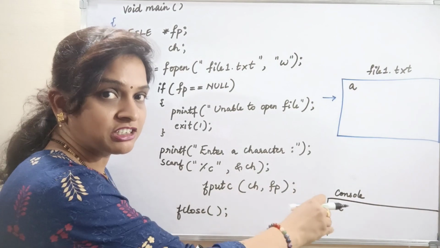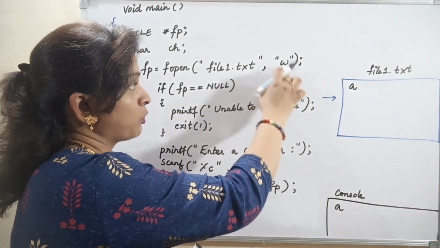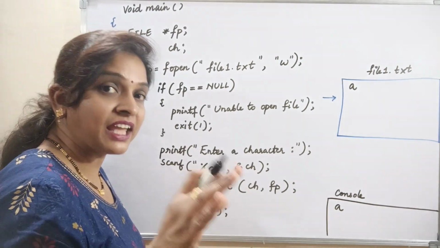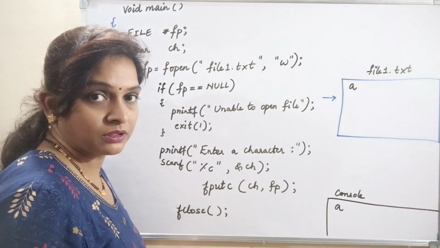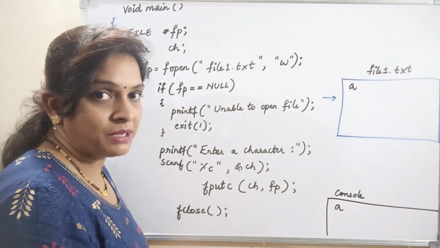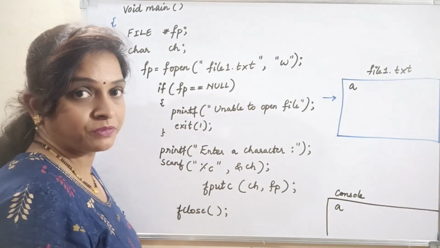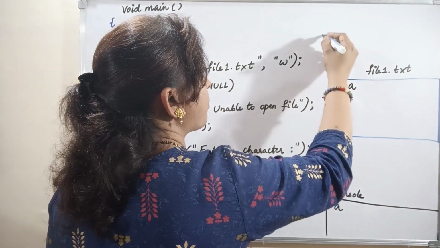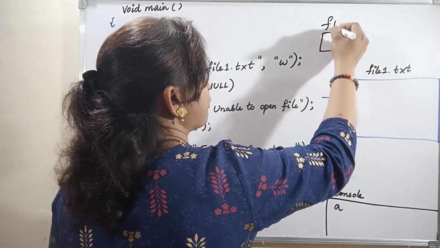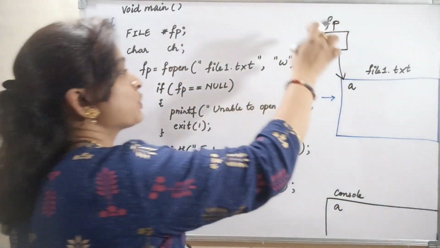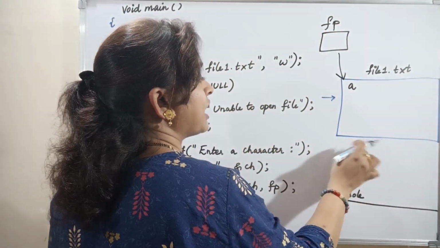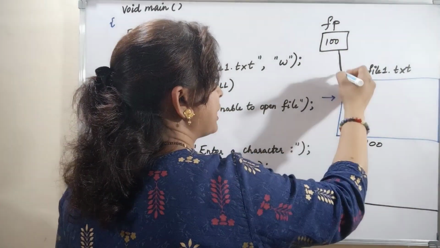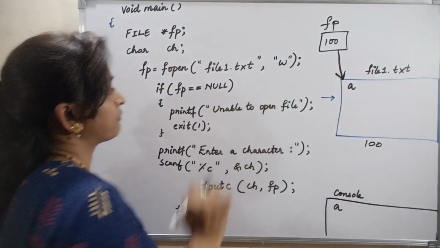I am writing the content to the file, so it is write mode. If file1.txt already exists, then that existing file will be opened, or else a new file will be created with fopen, and the address of that file will be held in the pointer, that is fp, the file pointer. So fp will be pointing to the address of this file. Say the address is 100. So this file pointer is pointing to this file.